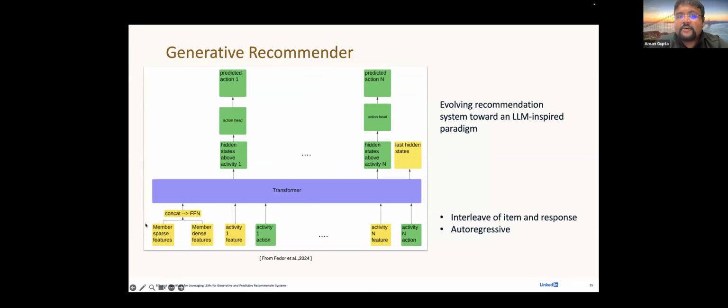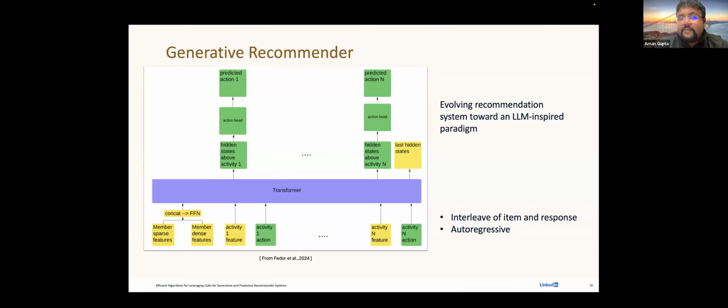Similarly, we recently worked on another paper called LiGR, which is inspired from Meta, where we also use a similar architecture for some recommendation tasks. And this is also inspired from an LLM paradigm, where given your activity on a certain surface, we take the history of that activity, we take all the actions you take on that surface, and we use a transformer to then predict the action that you will take next.